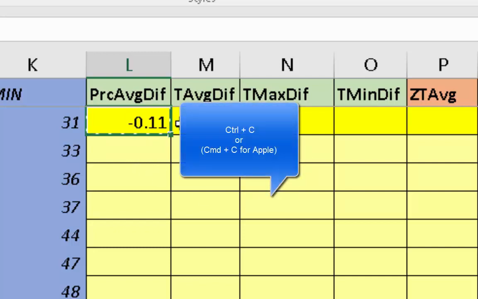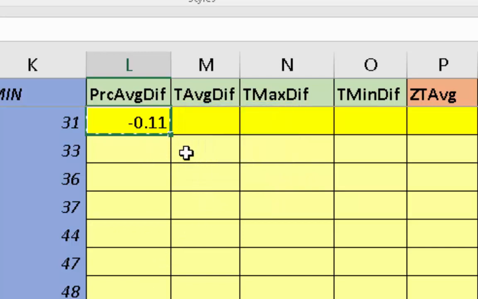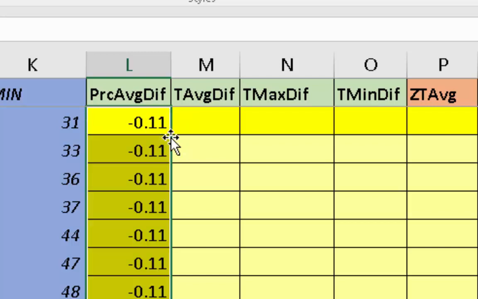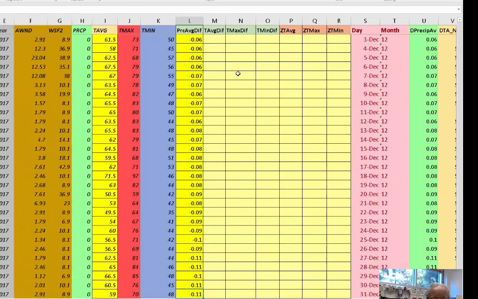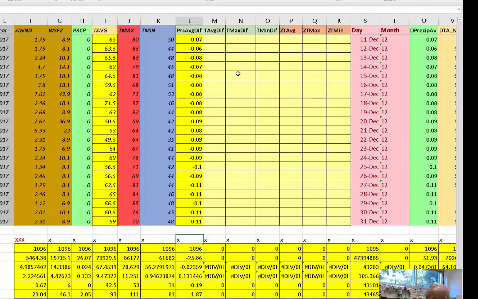And then the easiest way to copy down an entire column of data is to move your cursor to the lower right-hand corner of the cell in question and double-click after the cursor turns from a thick plus sign to a thin plus sign. So double-click, and the pattern is repeated all the way down to the bottom of the column.